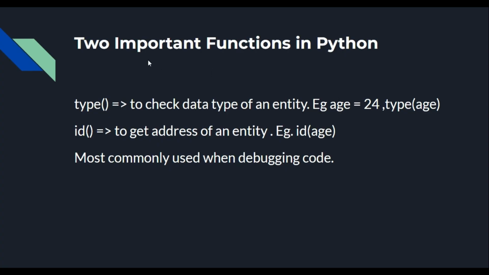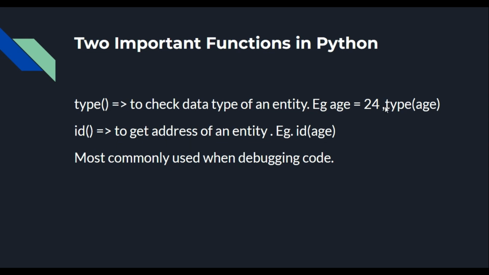Here I am telling you two important functions in Python, the type function and the id function. These are most commonly used in debugging code. Type we have already seen, it gives the data type of an entity. Then id is there to get the address of an entity. So how to use this?